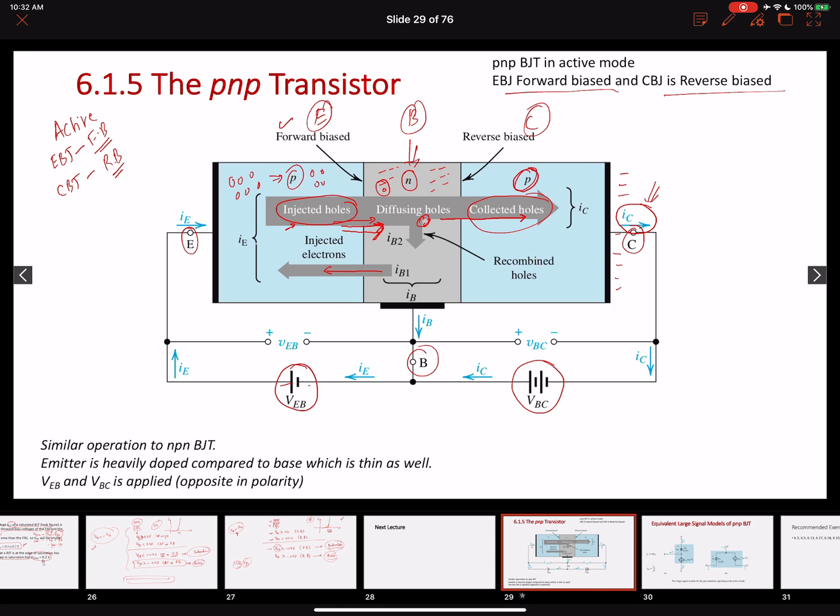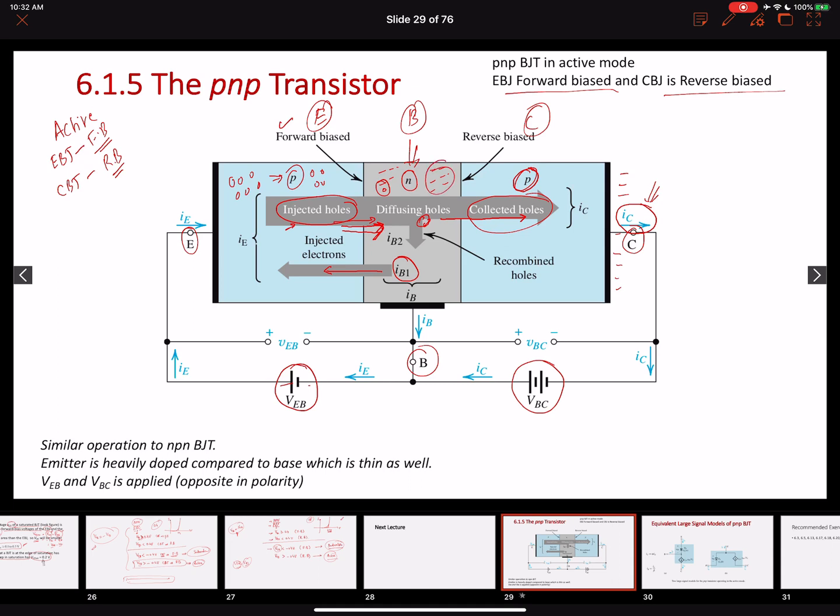So let's look at the base current now. Again, the base current will have two components. One component is IB1, which is the number of injected electrons. The base is n-type, so there are going to be a lot of electrons, and these electrons will be injected from the base to the emitter region. This constitutes IB1. Then we have lost some of the electrons of the base region in a recombination process.